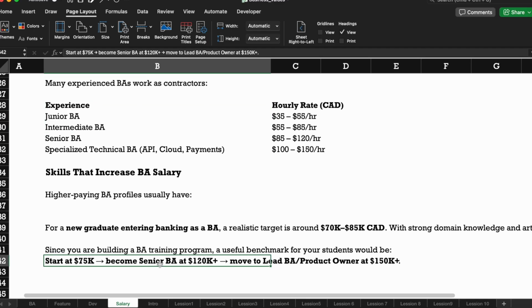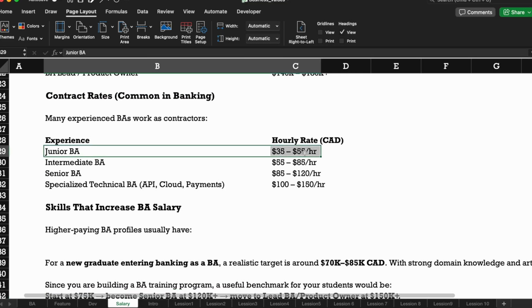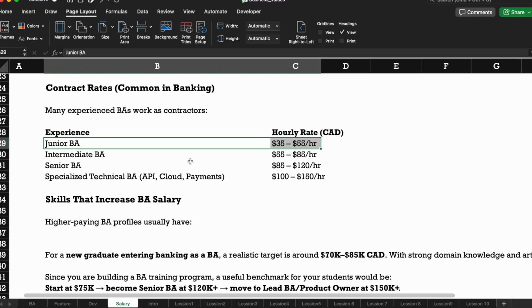For a junior business analyst, at the beginning you can ask $35 per hour to 50, it is safe to ask. 55 you can ask, and senior you can ask 85 to 90, I would say less than 100. Even though the budget may be 120, 85 to 100 is safe to ask and you will get the job. If it is project specific and you have 10 years of experience, yes, you can ask over $100.